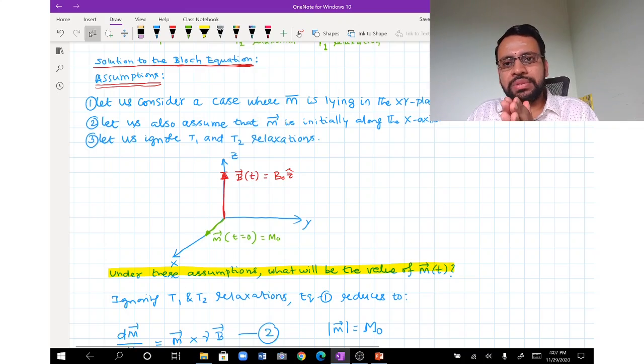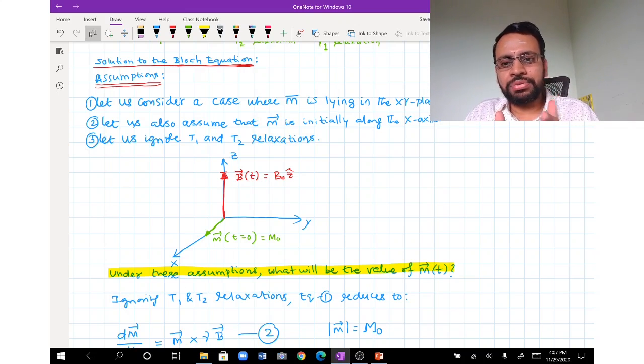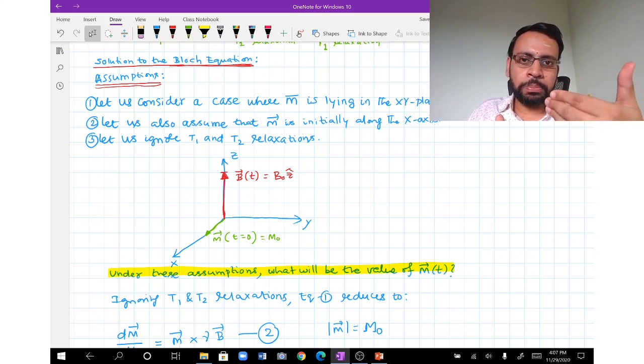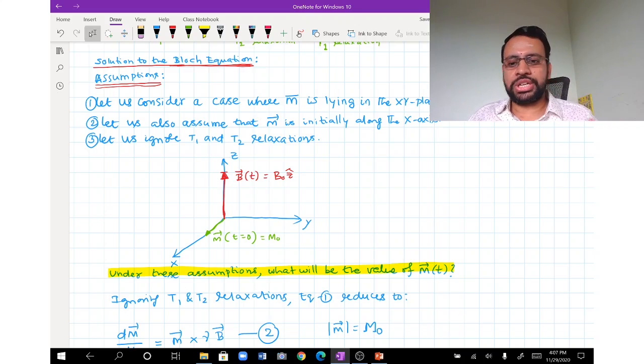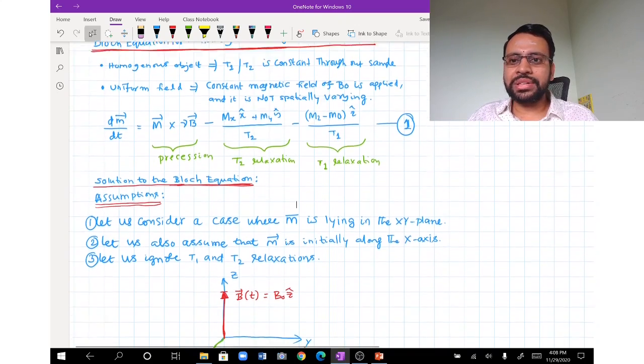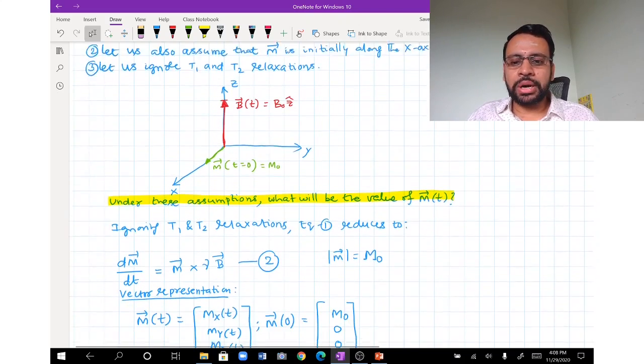Also, in the derivation, for the time being, we will ignore the effects of T1 and T2, and then gradually incorporate them into our formulation. So the moment you have ignored the T1 and T2 relaxations, all you have is this equation: dM bar by dt equals M bar cross product with gamma times B bar.